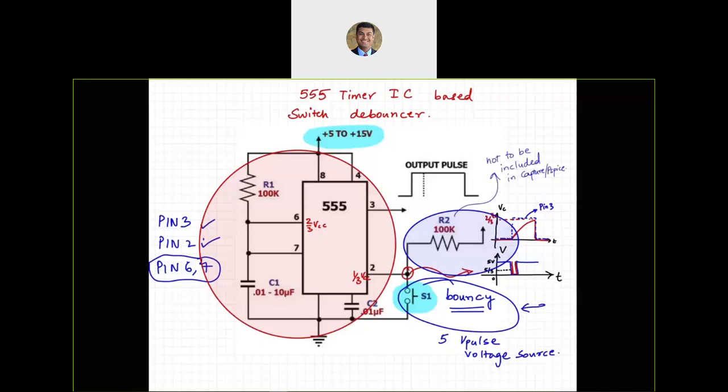Essentially, if you wanted to sample a signal, so you wanted to convert a signal into a pulse width modulated signal, you could apply that to pin 5. That is a little bit beyond the scope of this class.